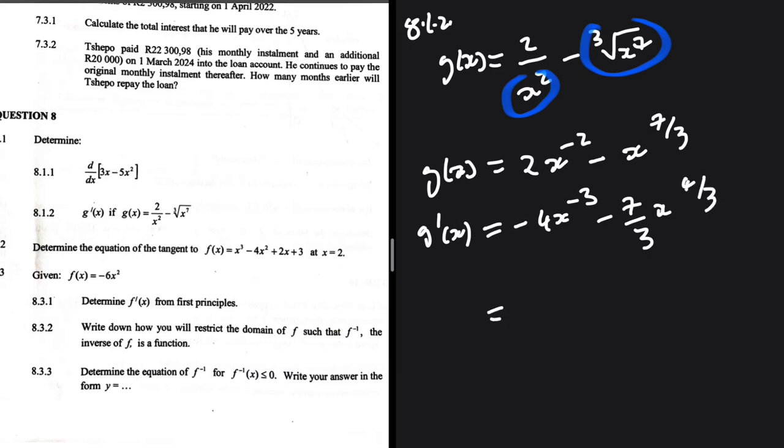So g prime of x is minus 4 divided by x to the power 3, minus 7 over 3 x to the 4 over 3. I think we can leave it like that. I don't think we will be required to further simplify it. I think that is perfectly fine.